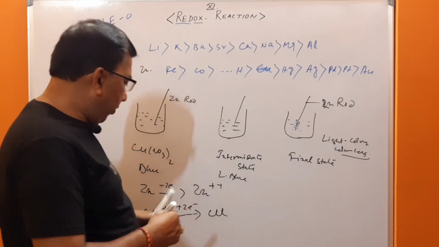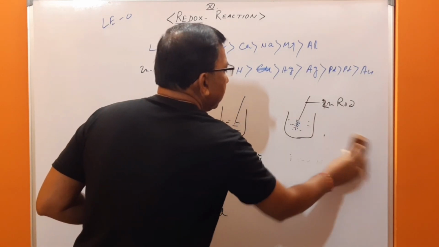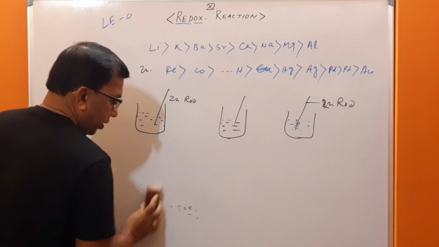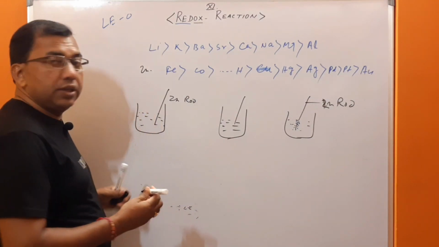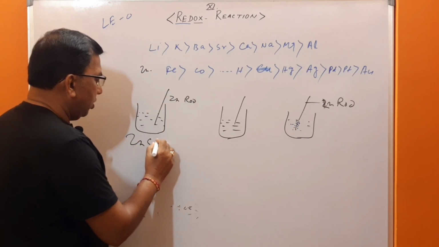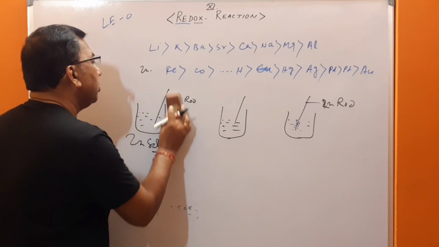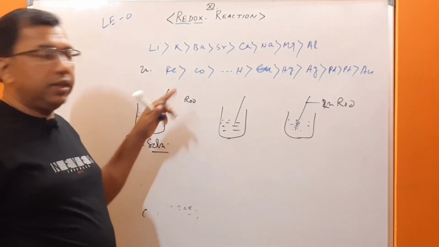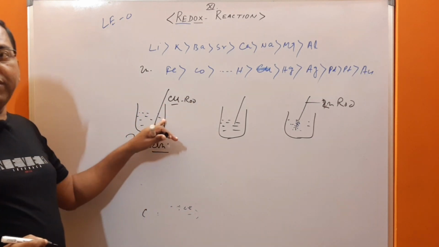But in case you take a zinc solution, and here you put a copper rod, then what will happen?